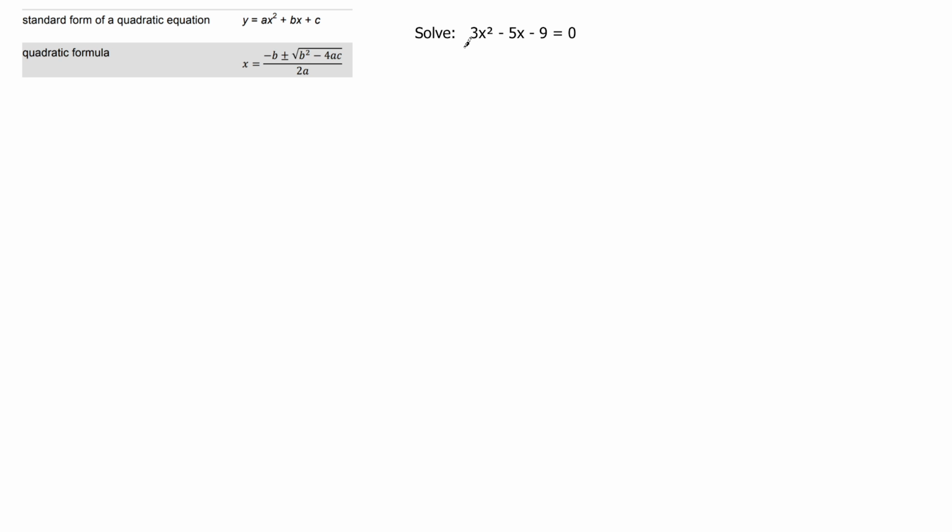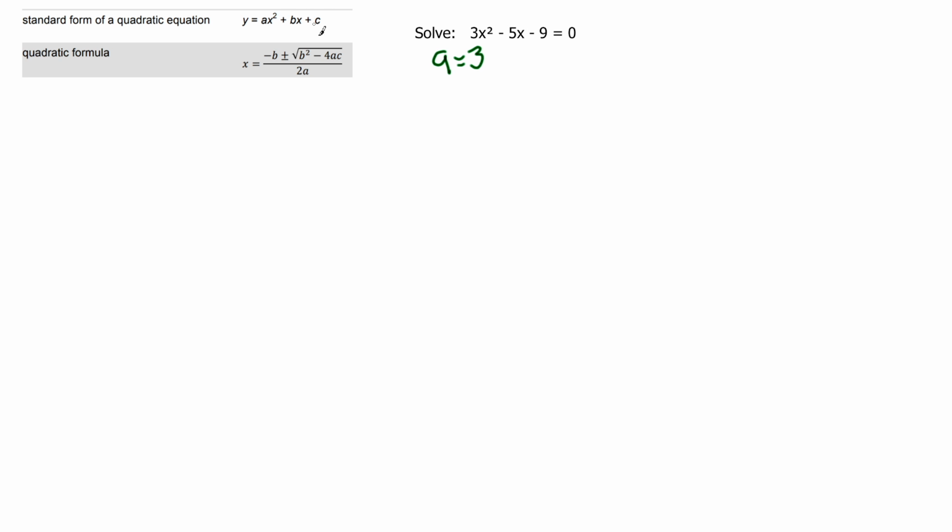You can see that it's already in the order that we want compared with the standard form. The first value in this equation is 3x squared, and here it's ax squared. So 3 is next to the x squared, which means a equals 3. The next part is the part next to the x by itself, not x squared, which is minus 5x.